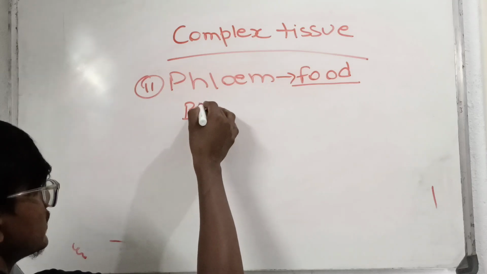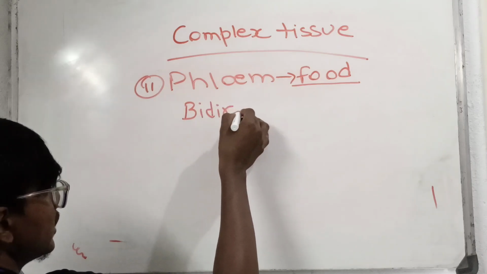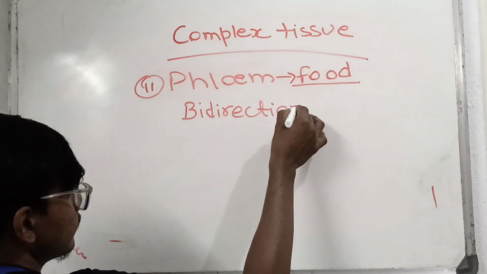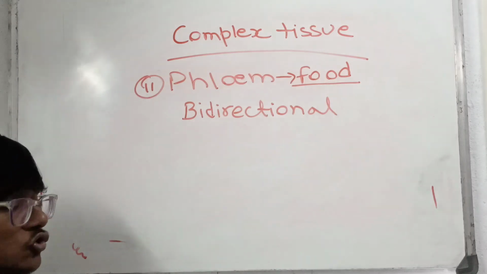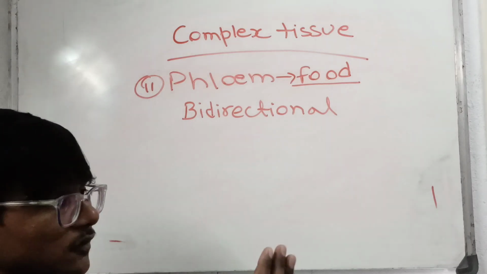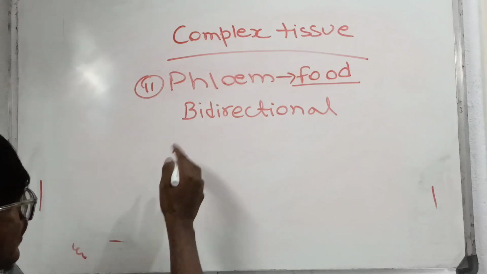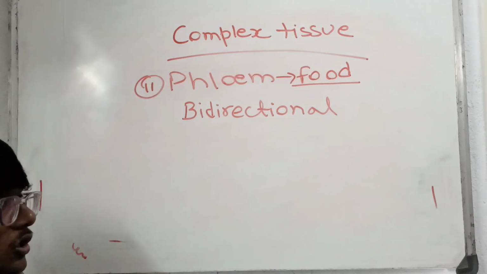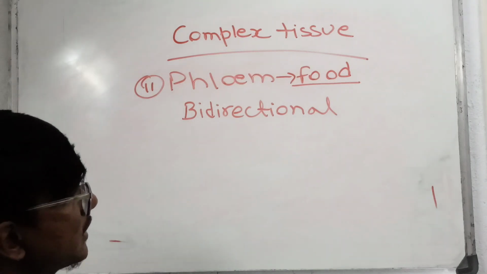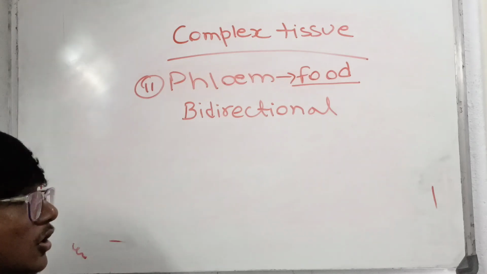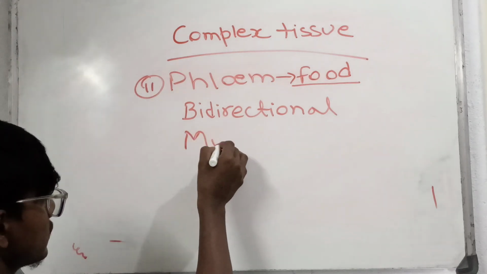Because of that you can say this is bidirectional in nature. From leaves to two parts: upside, meaning above that leaf, or towards the root also. Because of that only it is said to be bidirectional, or multi-direction you can also say.